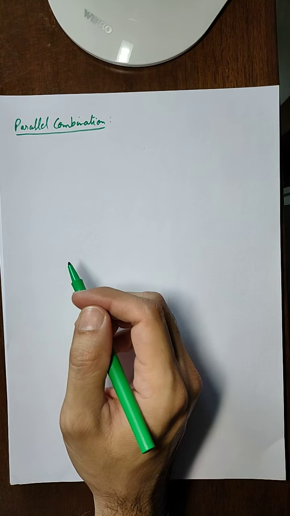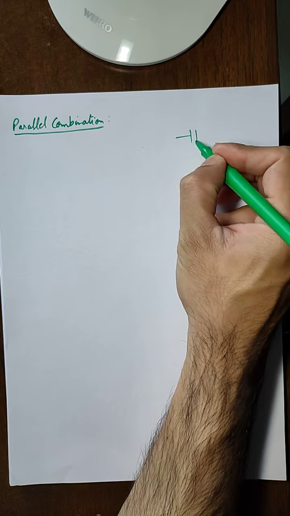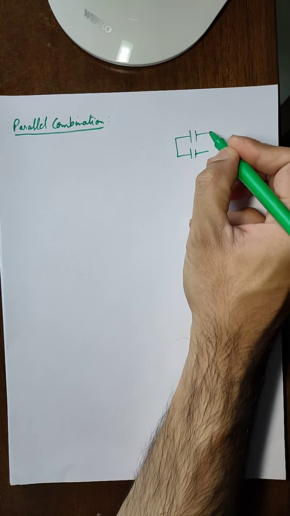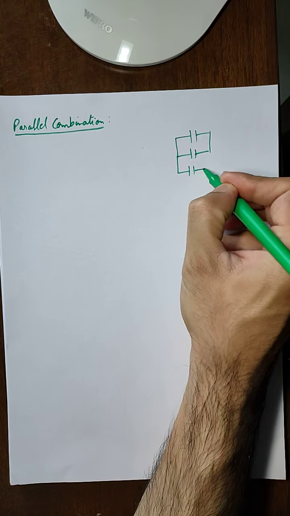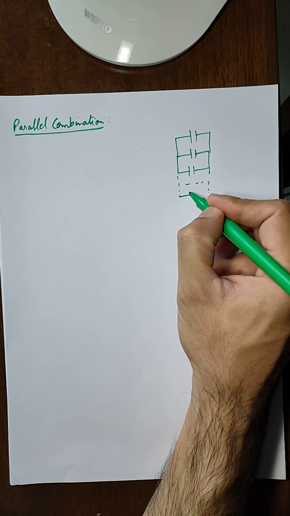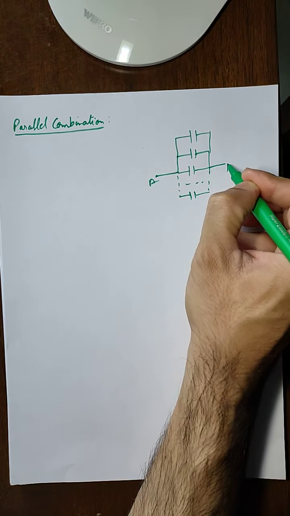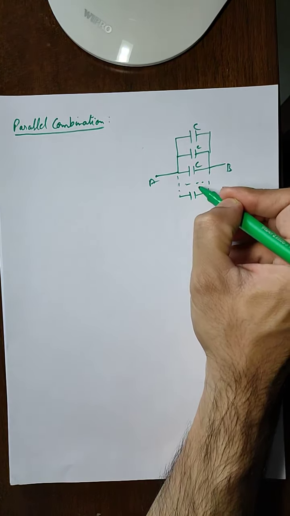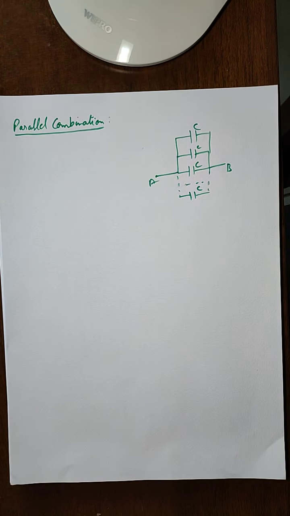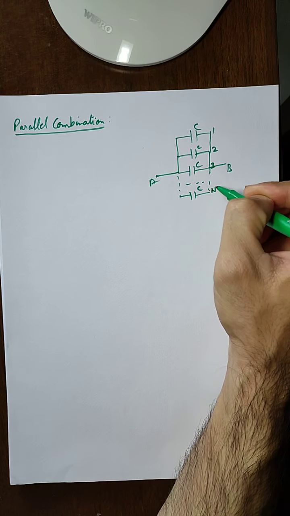Similarly, in parallel combination, if we have n identical capacitors connected like this between two terminals A and B, they are all identical, so each will have the same capacitance and they are n in number, 1, 2, 3 and up to n.